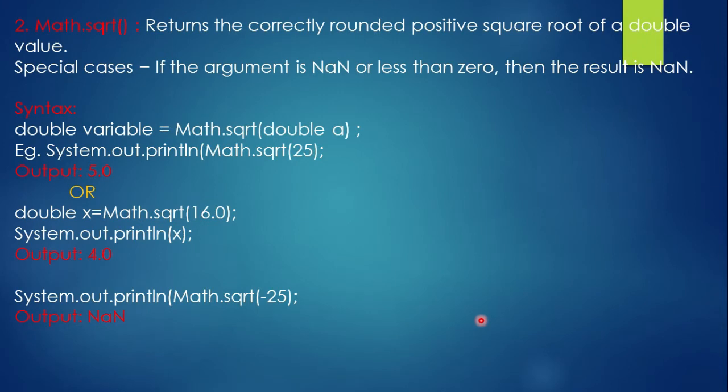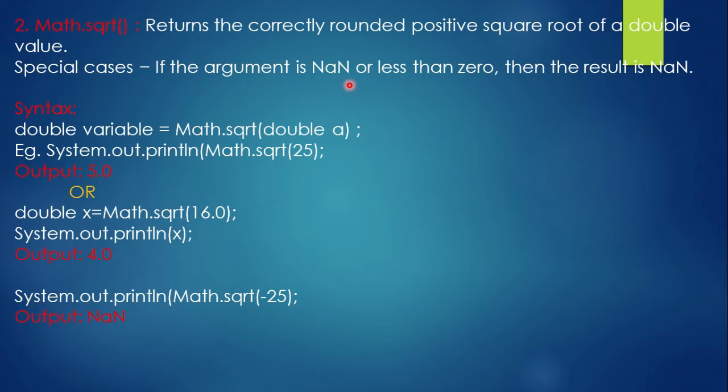Now let us discuss the second function, that is math.sqrt. sqrt returns the square root of the double value. Whatever you give, it returns its positive square root. Square root will always be positive only. Now there is a special case.